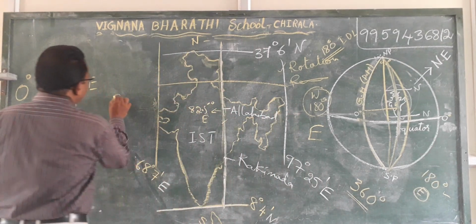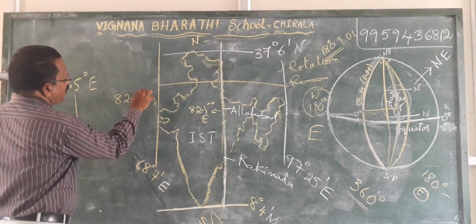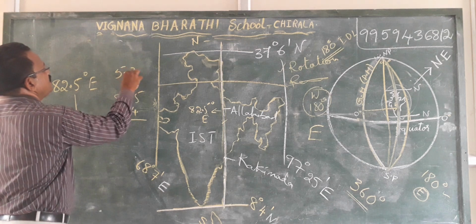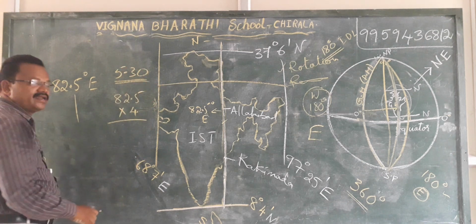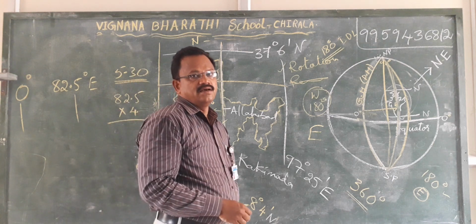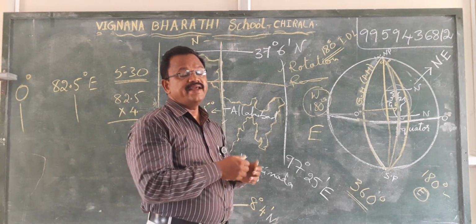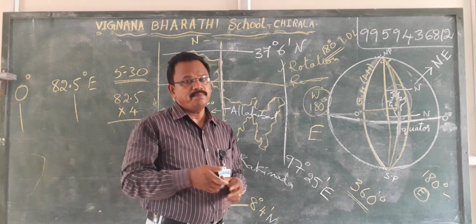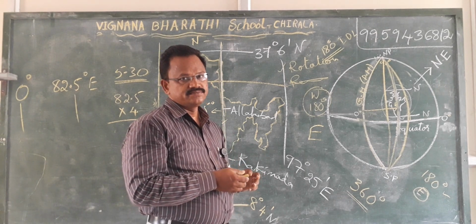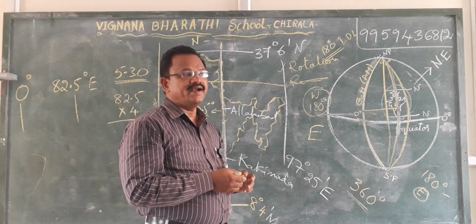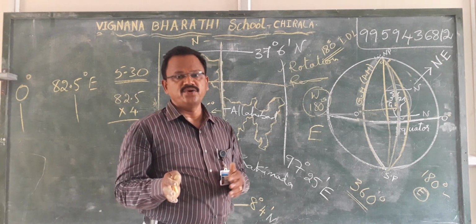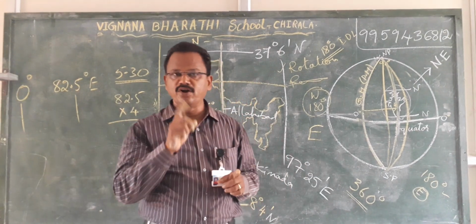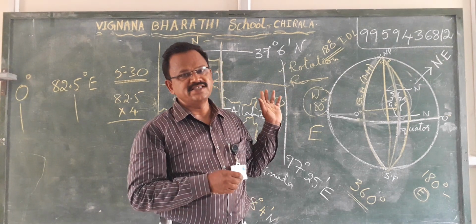Now, 82.5 into 4 is approximately 5 hours 30 minutes. Our Indian Standard Time is about 5 hours 30 minutes ahead of the prime meridian of the world. In this way, we find the time difference from one longitude to another by multiplying each degree by 4 minutes.